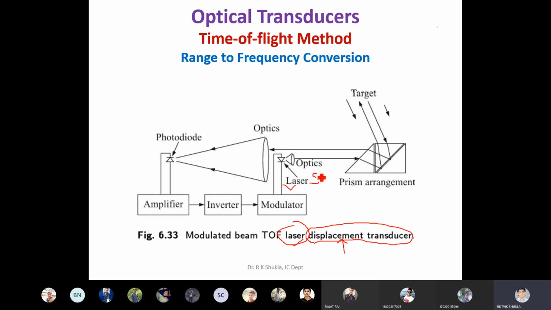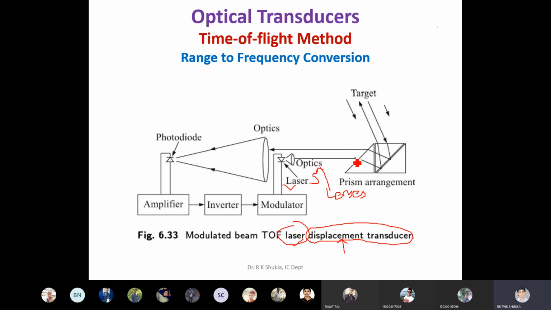It starts from the source. Laser is coming out from this diode, or it may be a source of laser. Then it goes to the optics. As earlier we have seen, optics are generally used to concentrate the beam in a particular direction. The optics are nothing but lenses used to concentrate the beam.